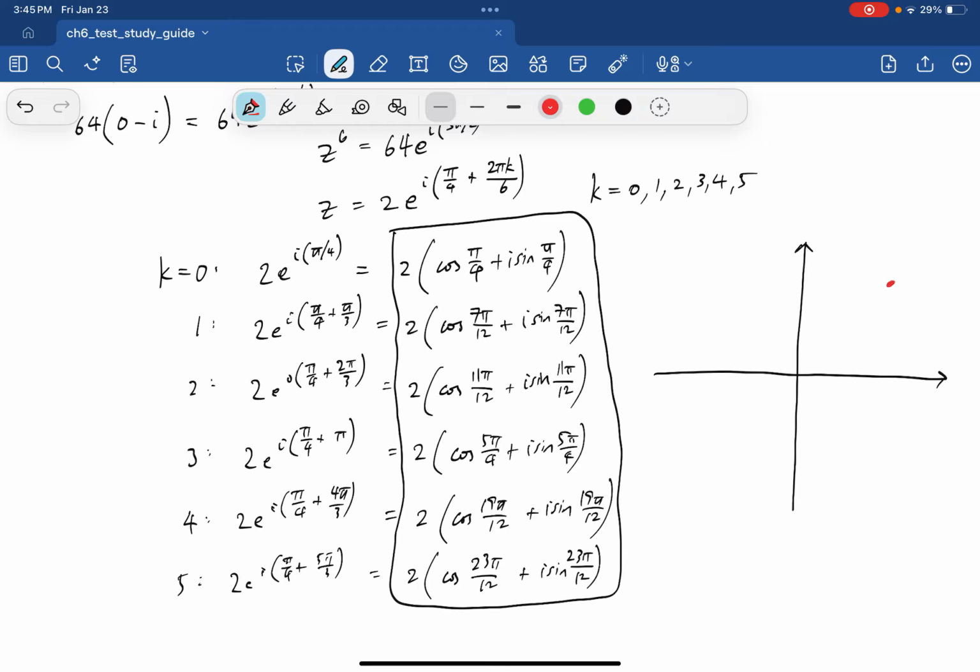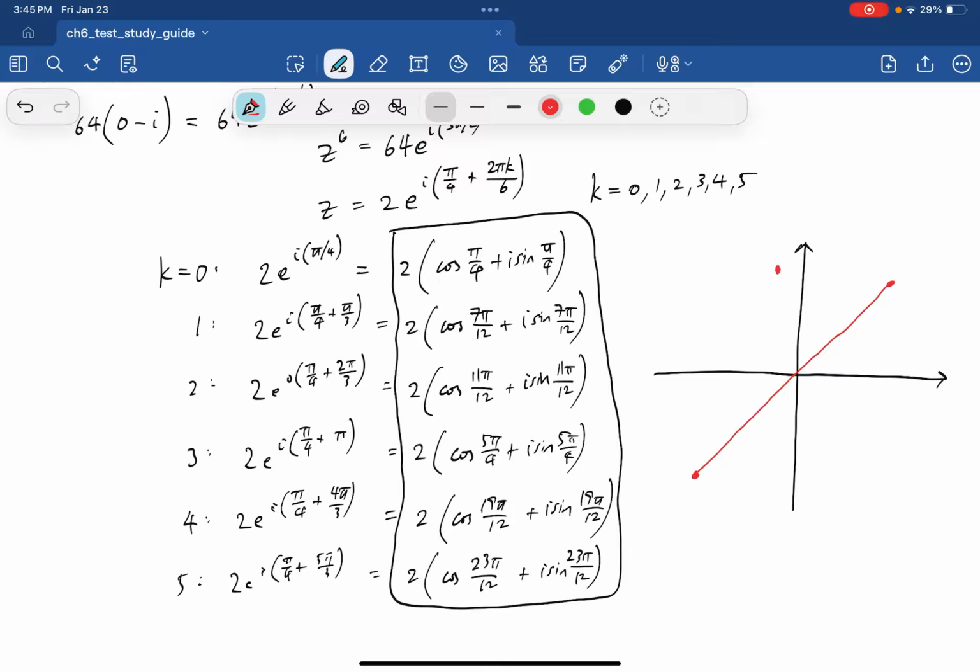It's just 45 degrees. And then we also have the opposing one, which is 5 pi over 4. And then you can just make sure you're kind of spacing the remaining ones evenly. So 7 pi over 12 is pi over 2 plus pi over 12, so that'll be right here. Very close to the axis.